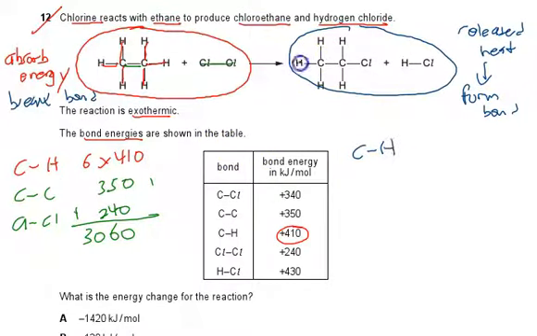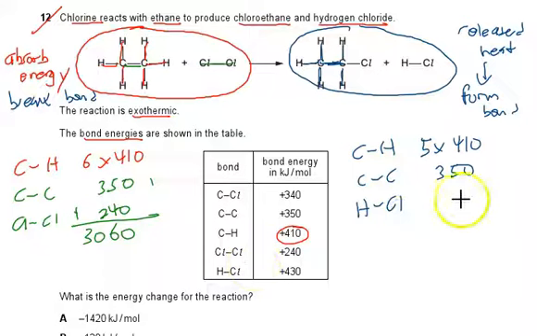Carbon to hydrogen, 1, 2, 3, 4, 5. So we have 5 times 410. Carbon to carbon is 350 over here. And hydrogen and chlorine, we have 430. And lastly, carbon and chlorine, we have about 340.